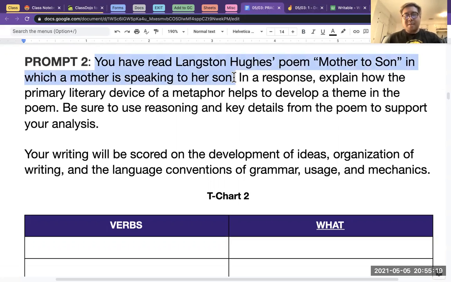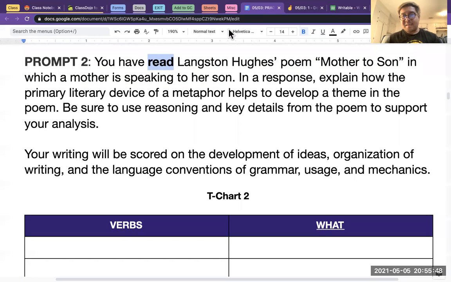What verbs do I see? Now, there's going to be different types of verbs, and the verbs that you want to circle are the ones that tell you to do something or that you have done something. Okay, so I'm going to start with read.